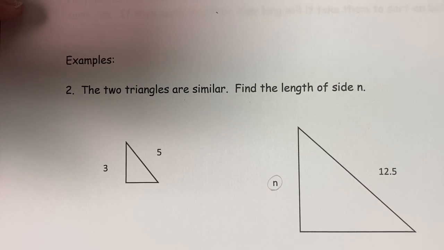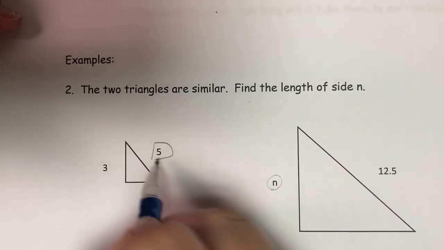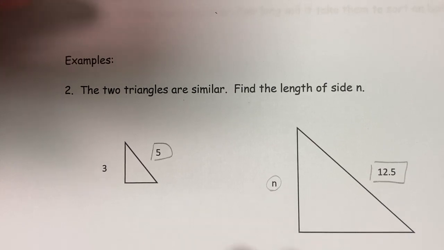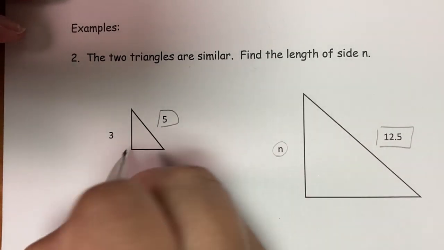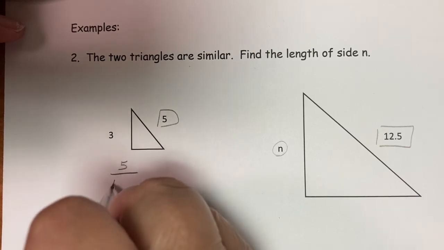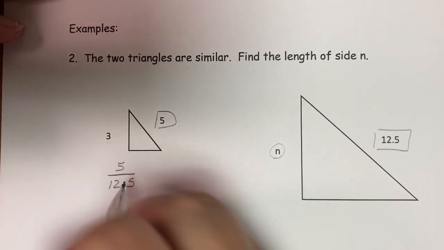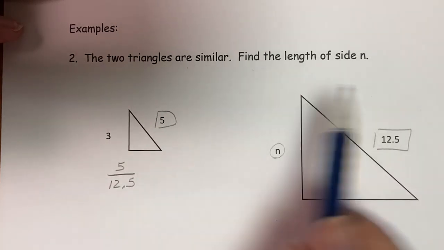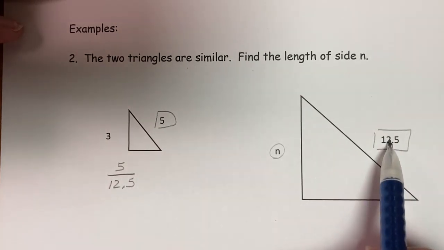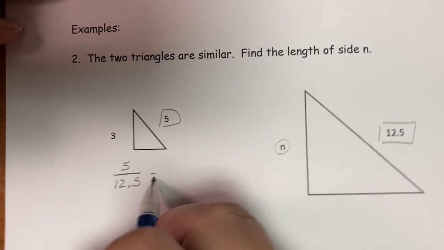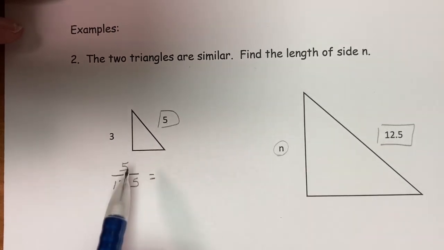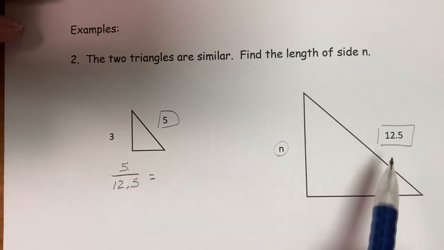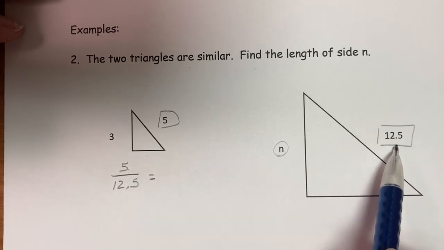Notice how we are given these two corresponding sides. That means that the ratio of the sides is 5 to 12.5. So that's going to make up our very first fraction, 5 to 12.5, is equal to, now the 5 is representative of the smaller triangle and the 12.5 is representative of the larger triangle.